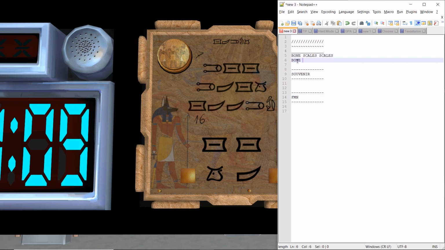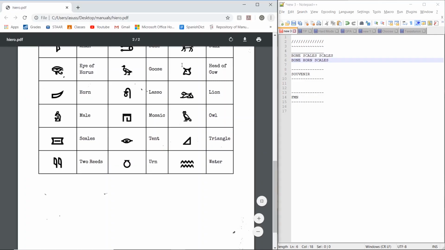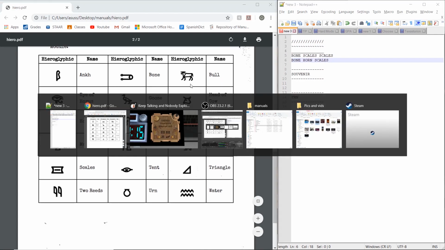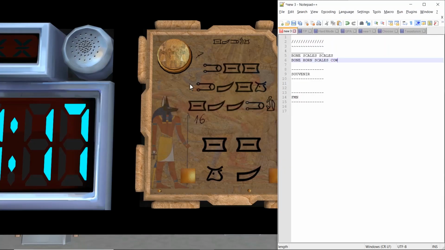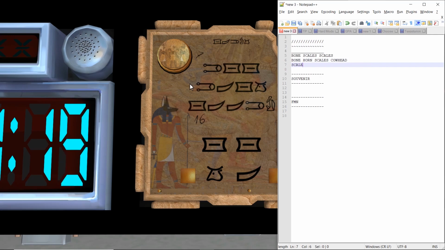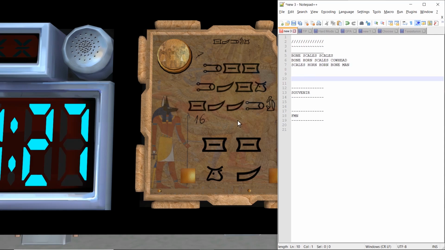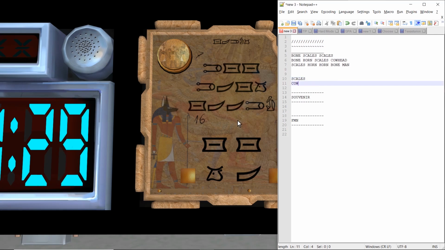We have bone, I believe horn, scales, and cowhead. Yep. Cowhead. And then we have scales, horn, bone, and man. On the left side we have scales and cowhead, and on the right we have scales and horn.